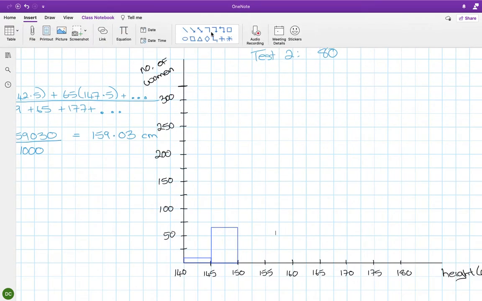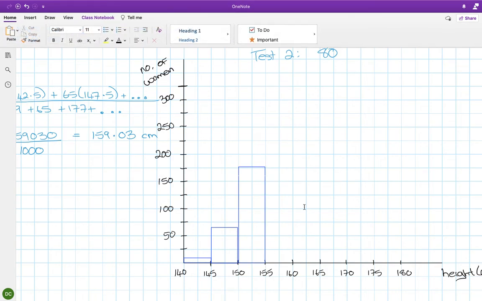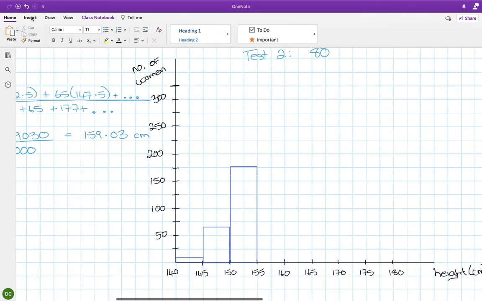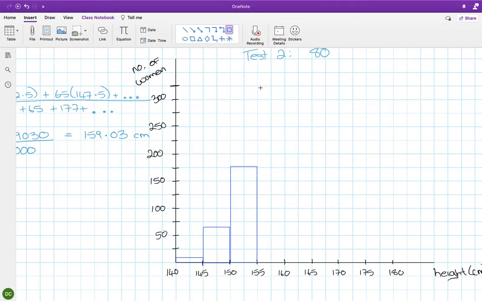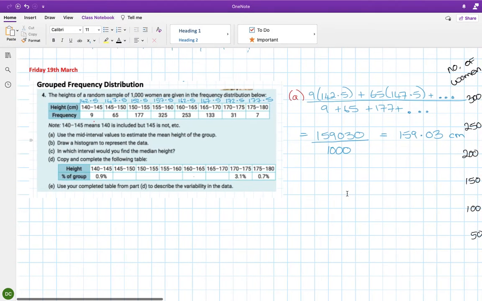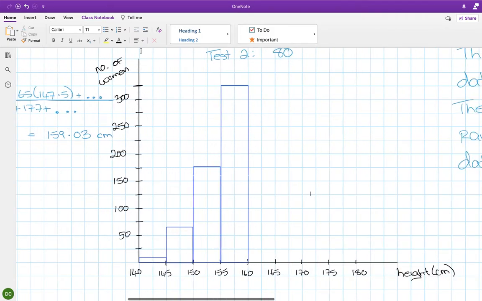177 is the next one. This line here is 175, so we just have to go marginally above that line, about there. 325, so that's right to the top. There. 2 boxes wide and bring it down. 133 is next.